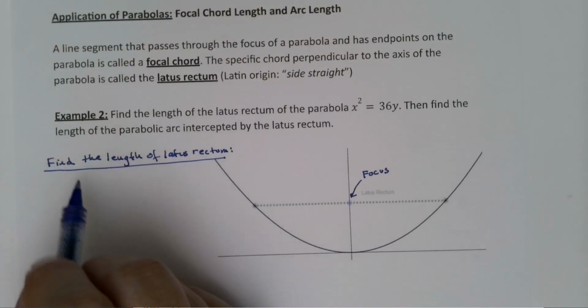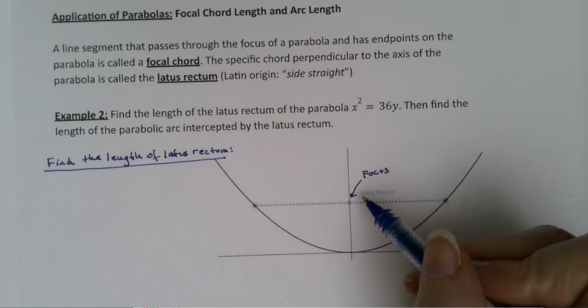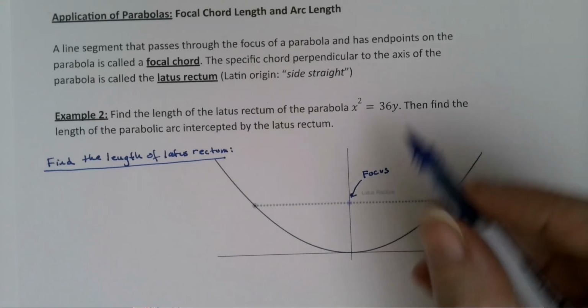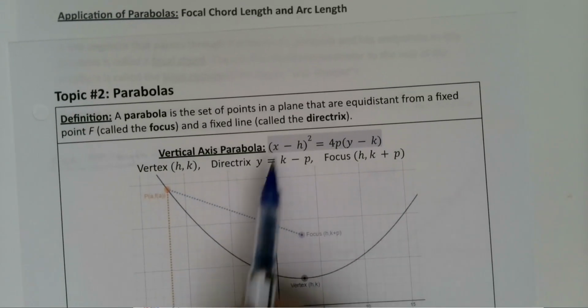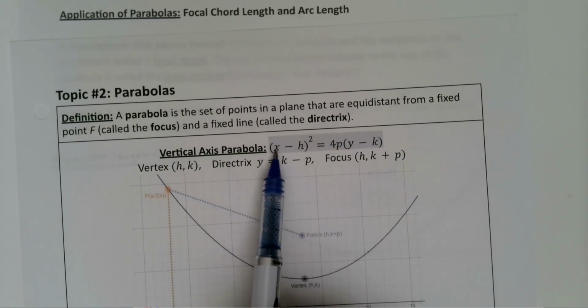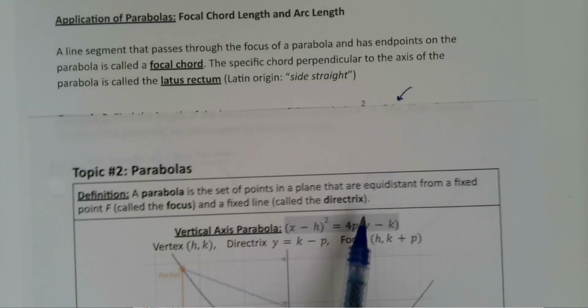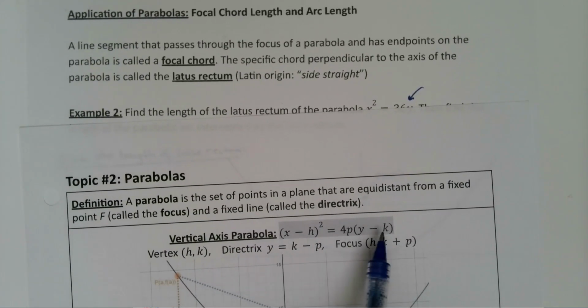All right, so latus rectum. Okay, so before we go any further, let's make a note of a couple things. I can tell, because I know the general form for a parabola, and since it's just x squared and 36y, there's no h and k.